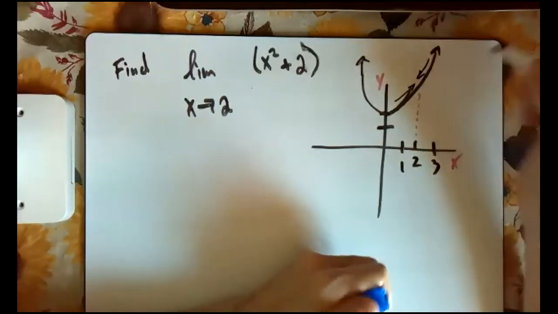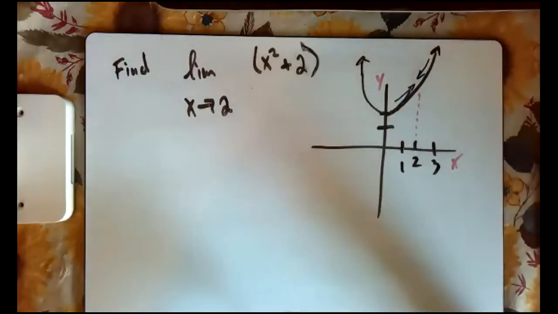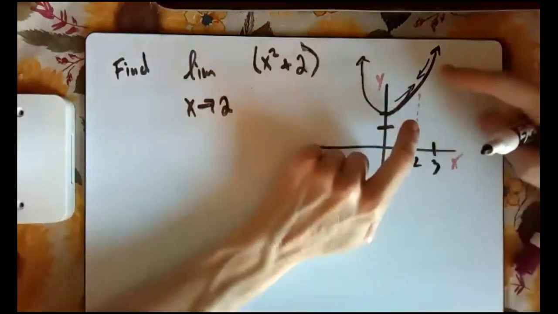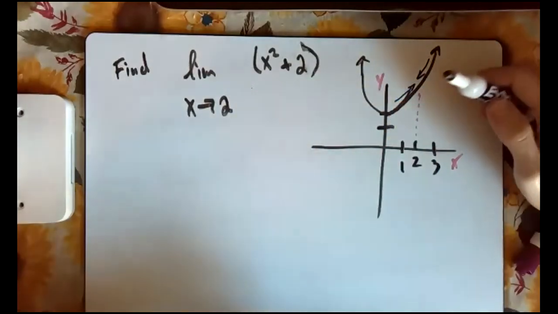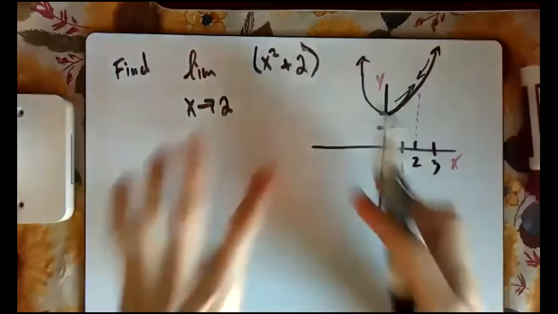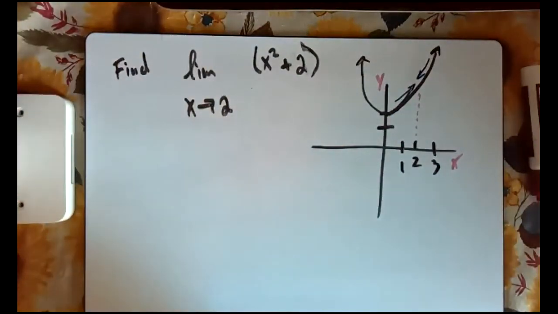And from here, we're not asking what happens when x equals 2. We're asking about the journey as we're heading towards 2. And if you notice, I drew these 2 blue arrows coming from both directions right there. That is very important because from the previous little set of notes that I had right here. Remember, I said we want to test values close to A, but not quite equal to A.